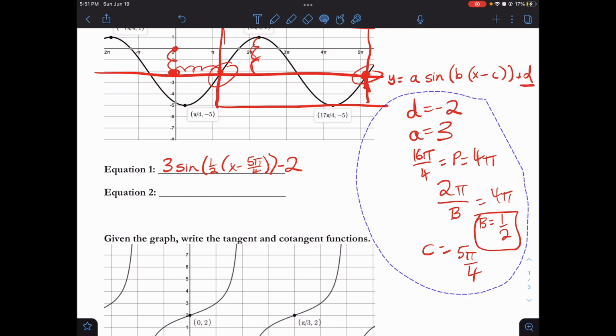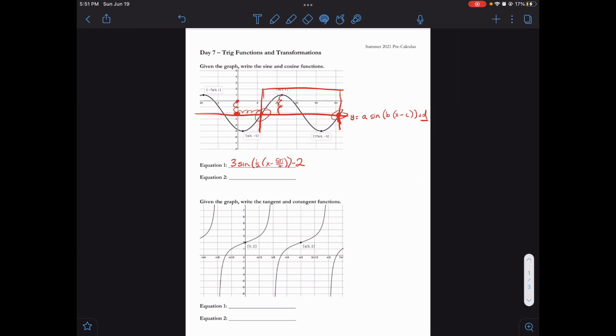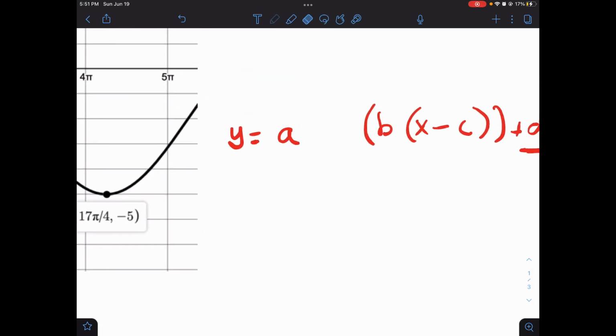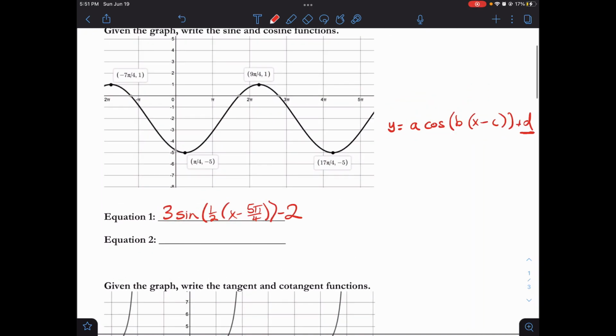Now we do cosine. So for our cosine, let me just delete all of this. Cosine parent function, or cosine transformations, look like this.